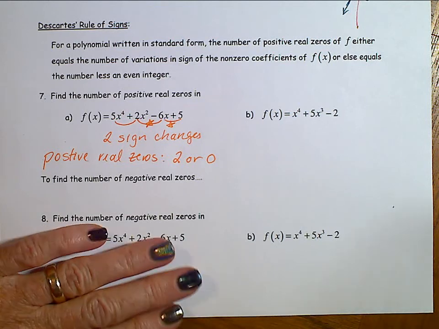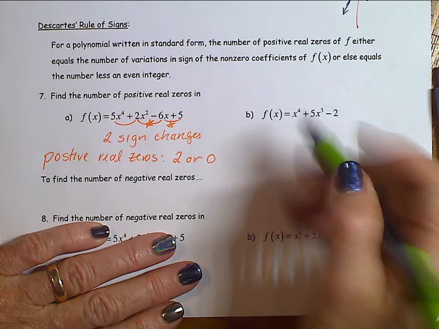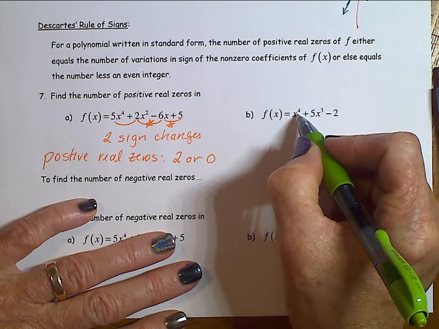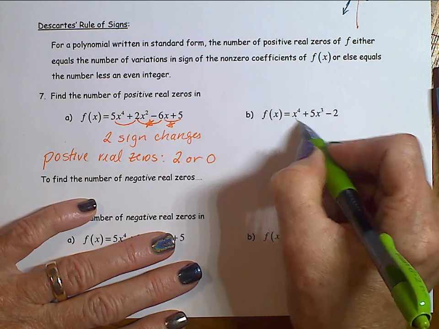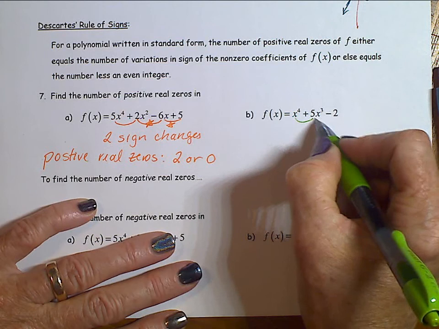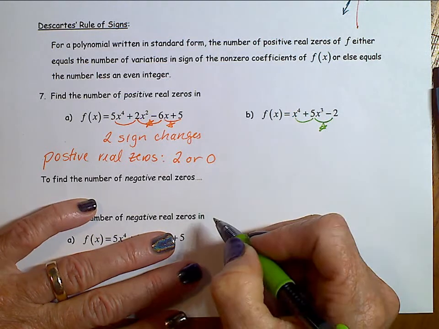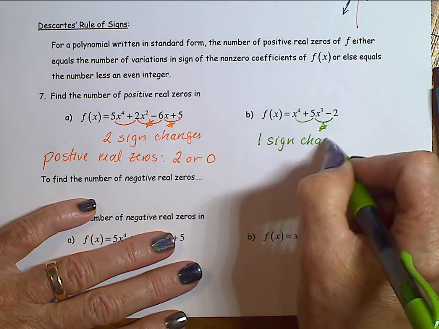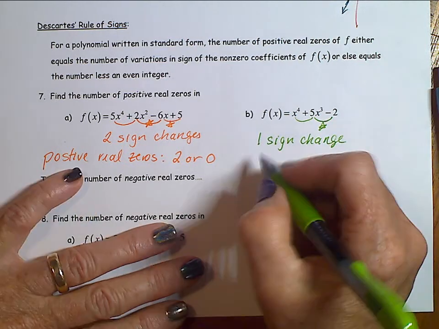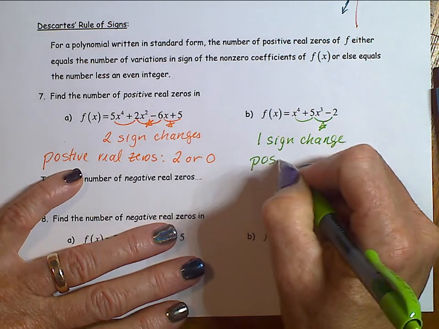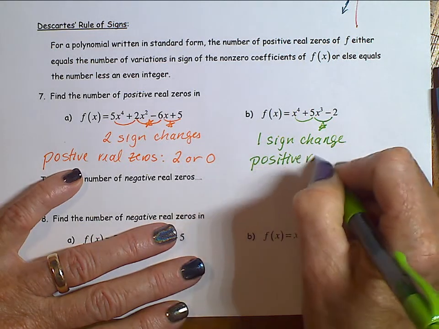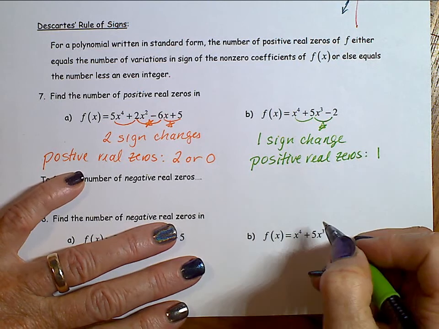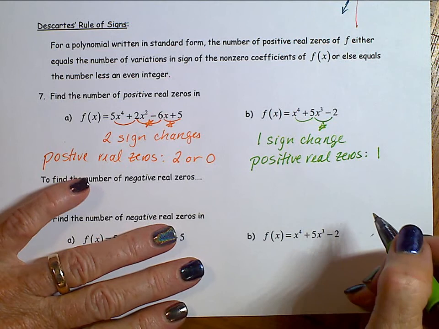All right, let's look at this one. And the order of the exponents is decreasing, so we look for sign changes. From x to the 4th to this 5x cubed, no sign change. From this 5x cubed to the negative 2, that's a sign change. There's 1 sign change, which means then the positive real zeros, there's 1 of them, or less an even integer.